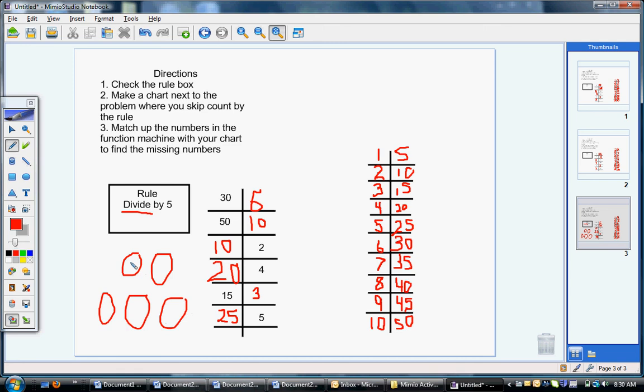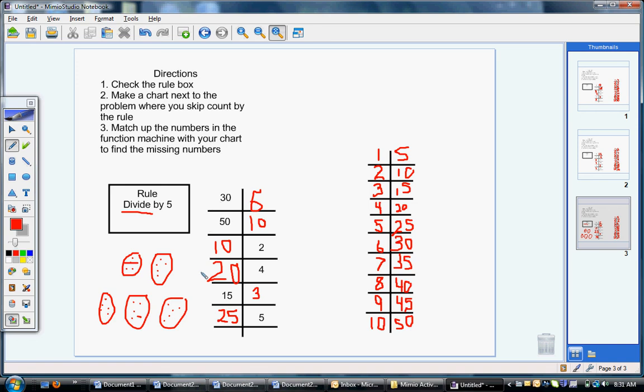Let's share those Skittles. 1, 2, 3, 4, 5, 6, 7, 8, 9, 10, 11, 12, 13, 14, 15, 16, 17, 18, 19, 20, 21, 22, 23, 24, 25. Well, look indeed, there is 5 Skittles in each pile, so this does make sense.